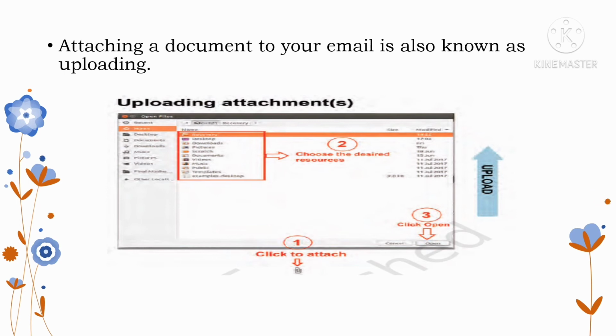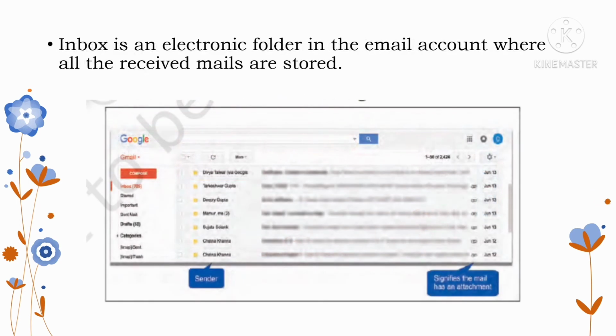The next one. There will be an inbox in the mail. The inbox is an electronic folder that receives all the mails that come to your mail address, and they are stored in the inbox.